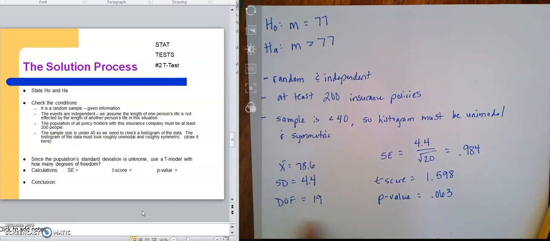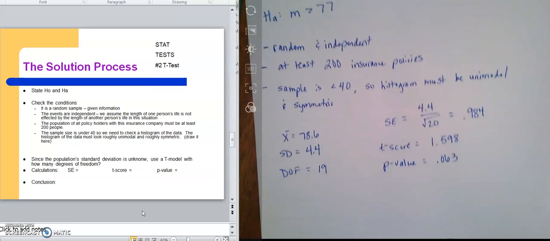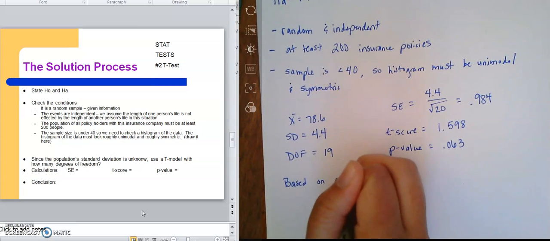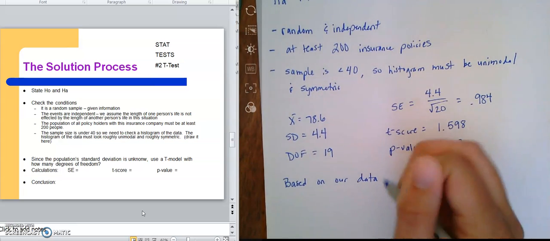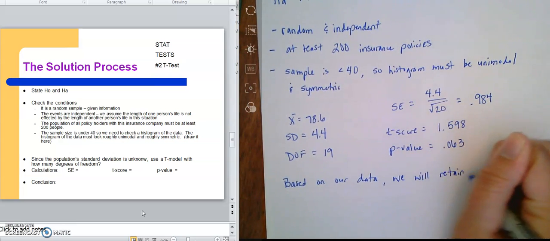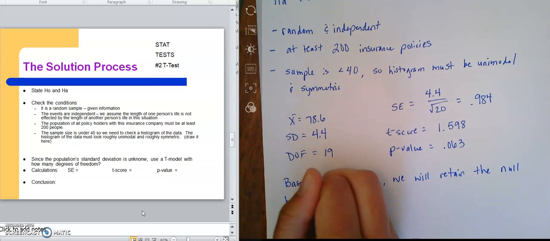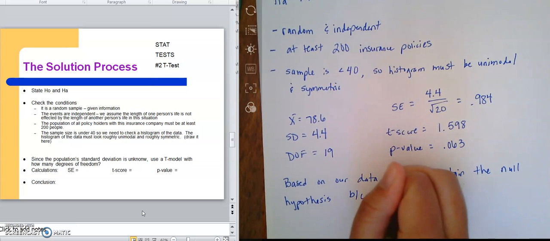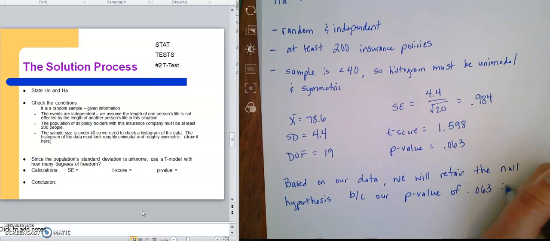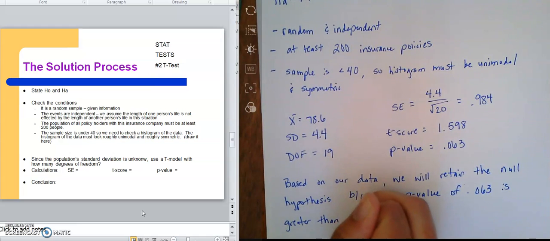So here's a bunch of information that it may ask you about. Now, what does this mean? So you can say, based on our data, we will retain the null hypothesis because our p-value of 0.063 is greater than 0.05.